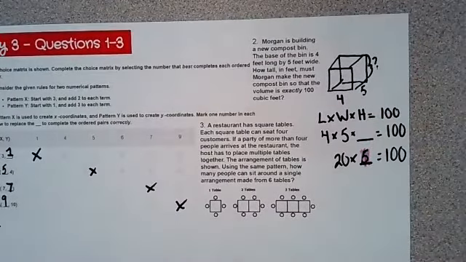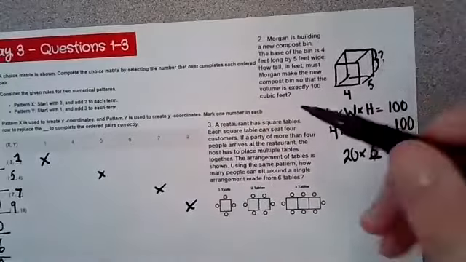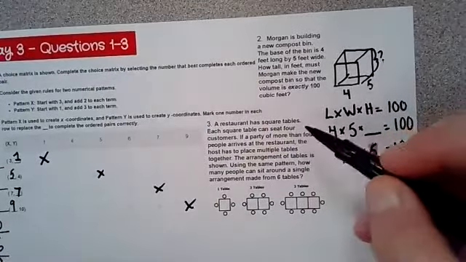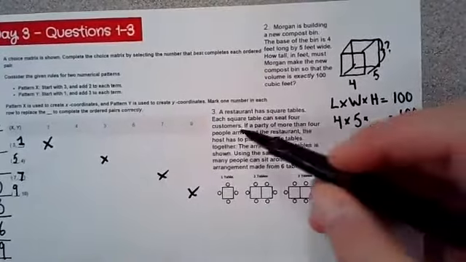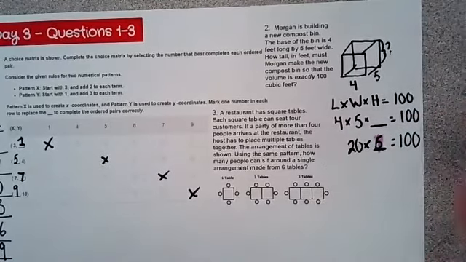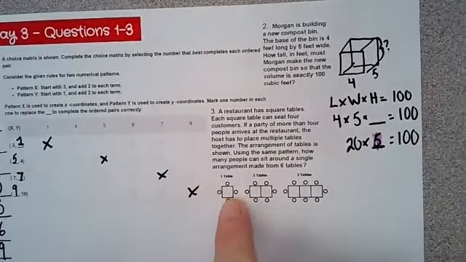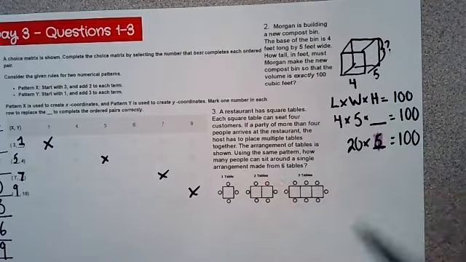All right, next one. A restaurant has square tables. Each square table can seat 4 customers. If a party of more than 4 people arrives at the restaurant, the host has to place multiple tables together. Well, that makes sense. So if you've got one table, you can put 4 people at it. Well, if you've got 2 tables pushed together, see how they can't put anybody right here?